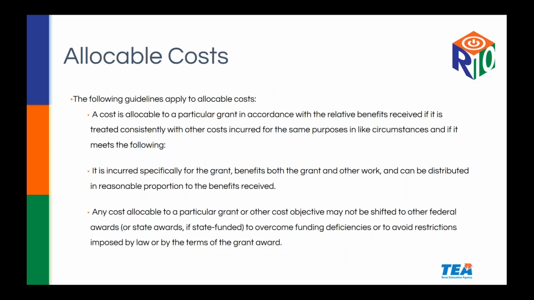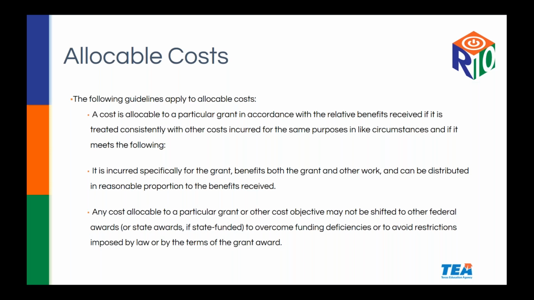Looking at allocability, the following guidelines must apply. A cost is allocable to a particular grant if the relative benefits received are treated consistently with other costs incurred for the same purpose. For example, it is incurred specifically for the grant, or benefits both the grant and other work and can be distributed reasonably.